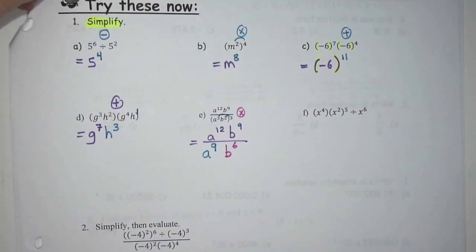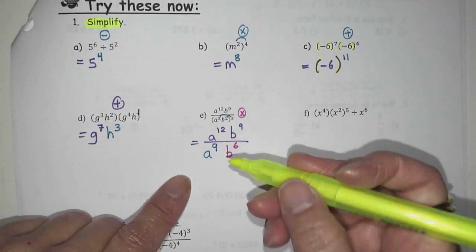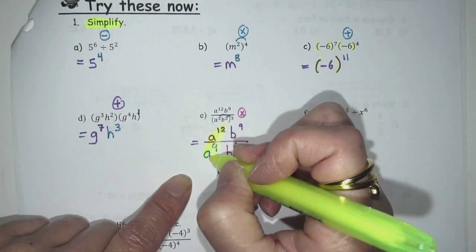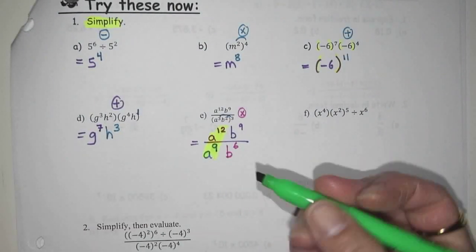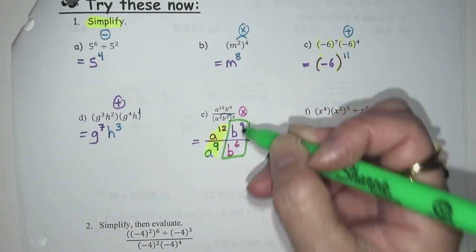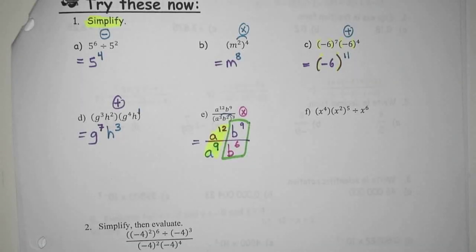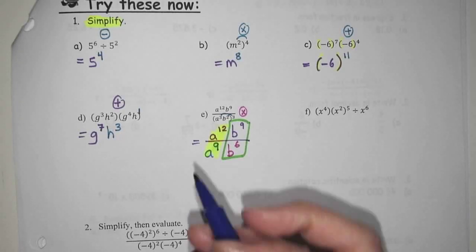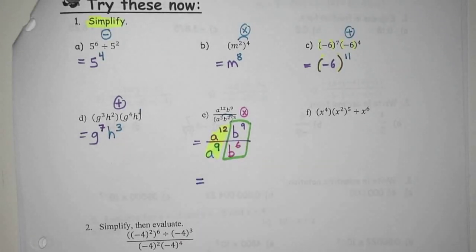Then you're going to do the division. So the division, you can do the division with each base. So that one divides with that one, and this one divides with this one. So we're going to go like this. Notice I'm putting equal signs.